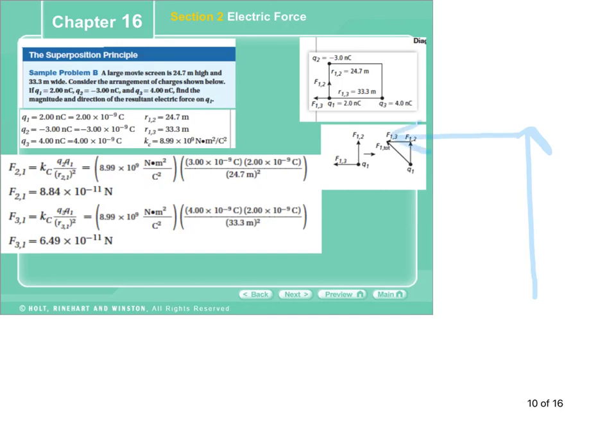And calculations using Coulomb's law between points 1 and 2, which would be this vertical part of the component between 1 and 2, because 1 was down here, 2 was up here.